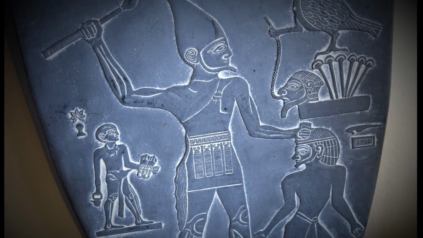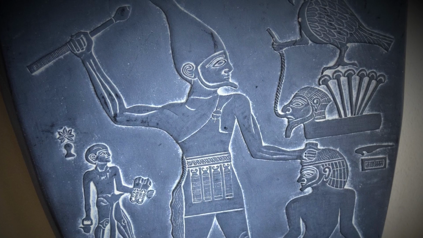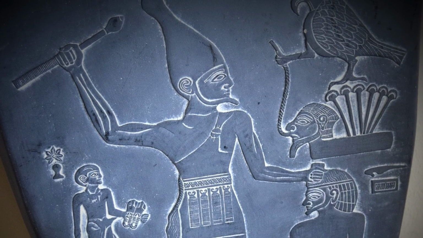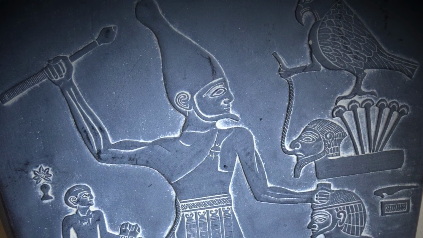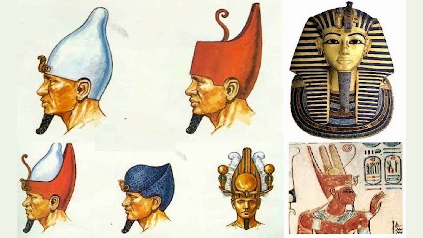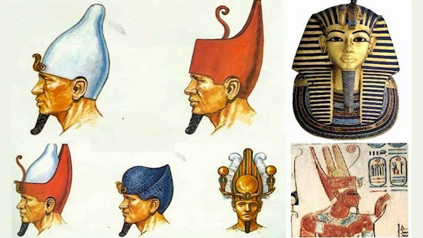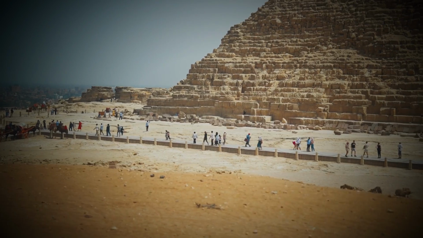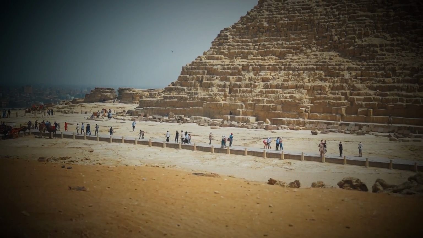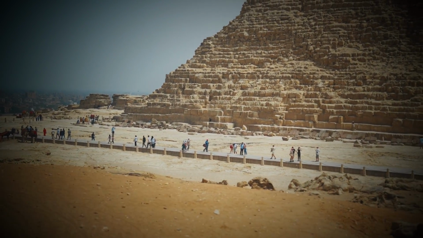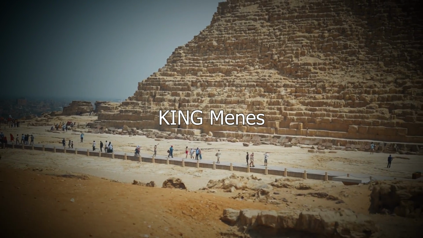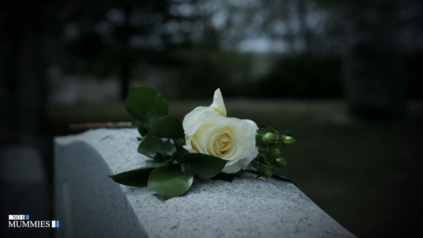Most telling is that the front of the palette shows Narmer wearing the red crown of Lower Egypt, while on the back, he is wearing the white crown of Upper Egypt. The crown of the pharaohs would go on to be a combination of these two crowns. Many Egyptologists believe this implies that Narmer was the unifier of ancient Egypt, and therefore King Menes. Number 6. Mummies.